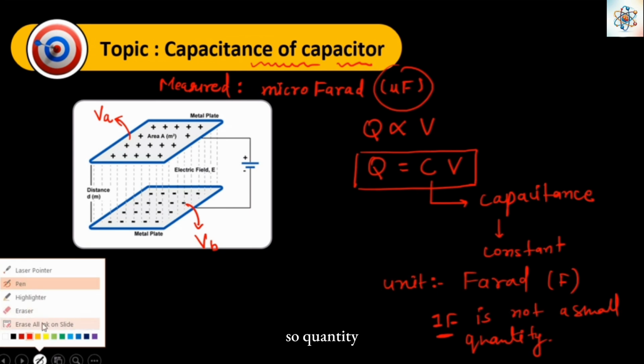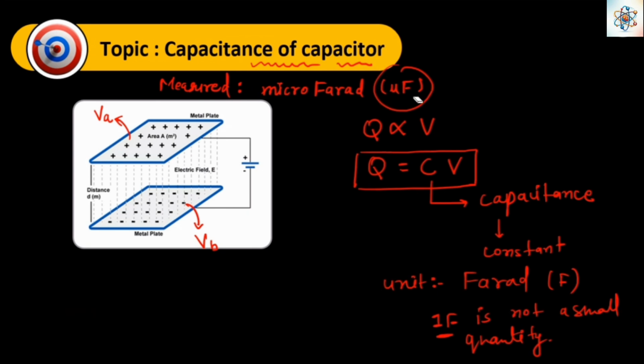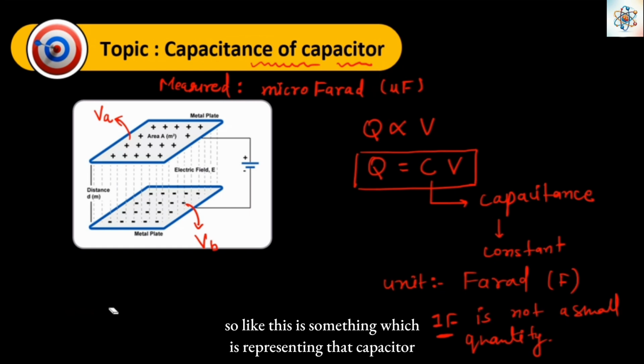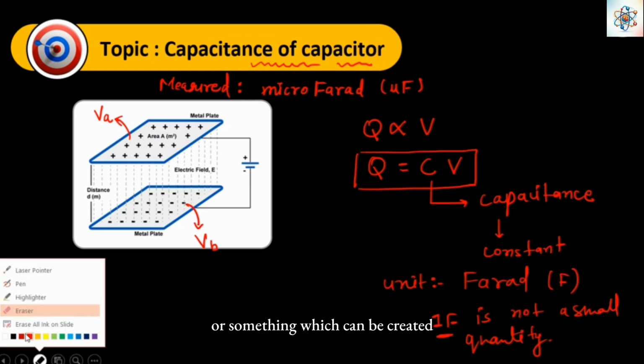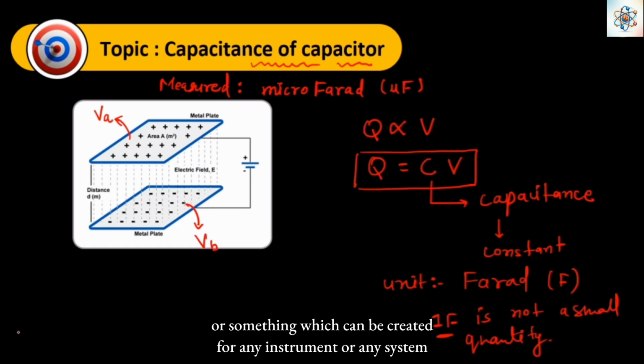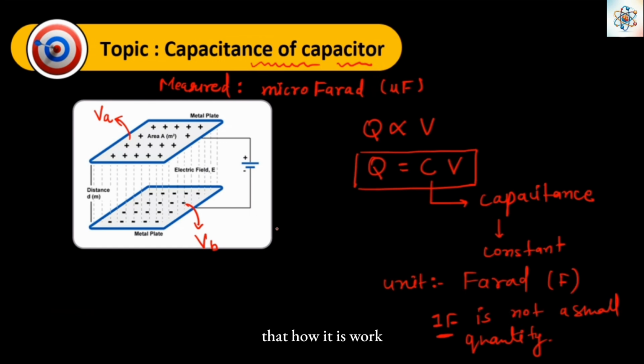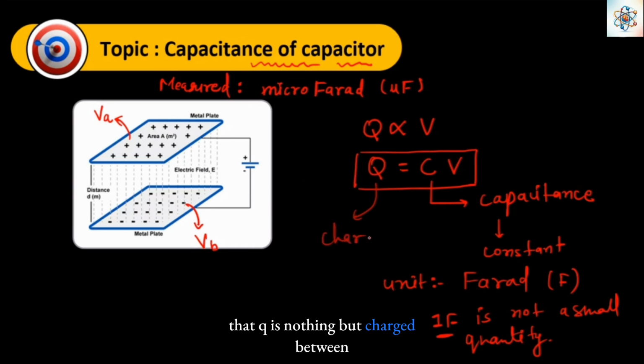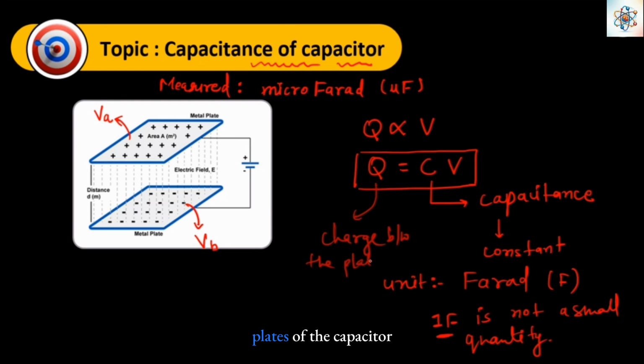So this is a big quantity. This is representing that a capacitor can be created for any instrument or any system, that is how it works. So that Q is nothing but the charge between the plates of the capacitor, and this is the potential difference.